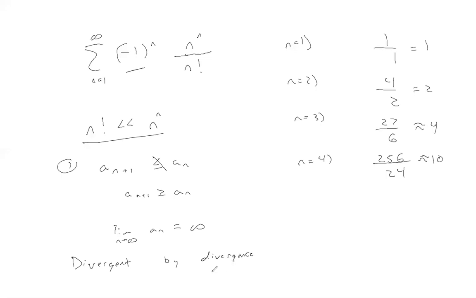So why did we have to use this hierarchy of functions? We couldn't use the techniques we used on the previous one. We couldn't turn this into a function and use things like L'Hopital's or anything like that, because we can't turn factorial into a function, right? Factorial is only defined for integers. So we can't do x factorial if x is like 1.4. Factorial only works for integers.